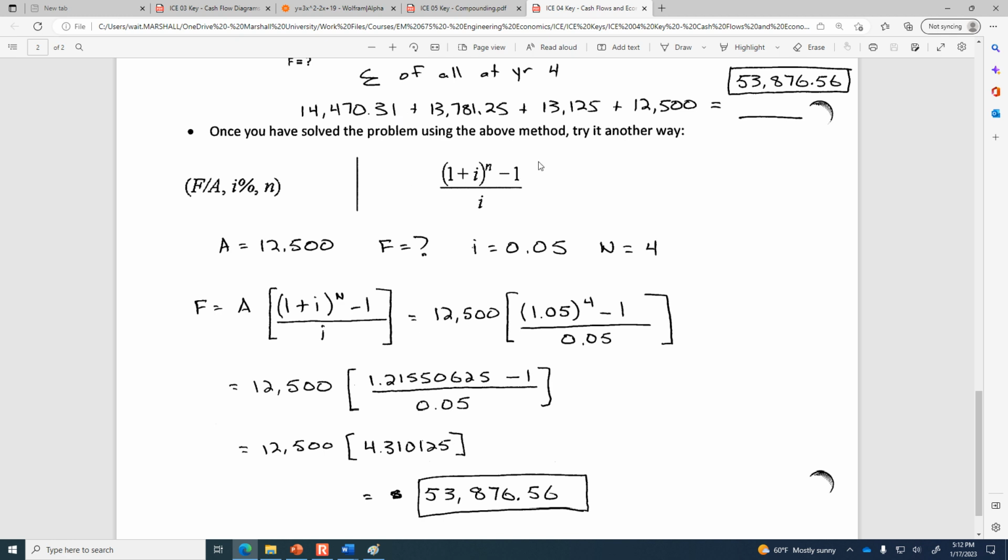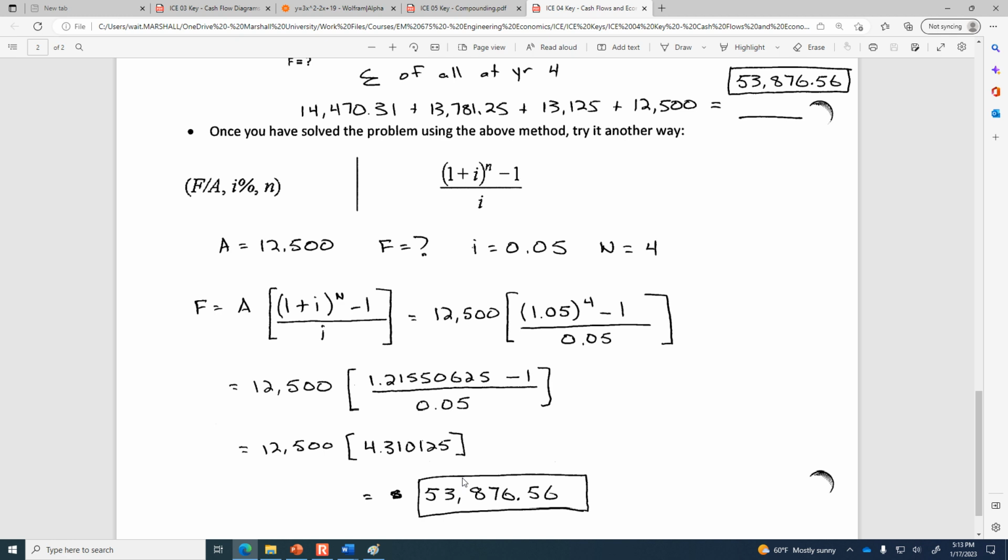But the idea is this equation will tell you the ratio of F to A. So if you solve for the factor and then multiply it by A, that gives you the magnitude of F. As I wrote on the whiteboard, in find F given A, they assume the last A is in the same year as the F. That's a little different from find P given A, because there the first annual amount is in year 1 and the present is time 0.